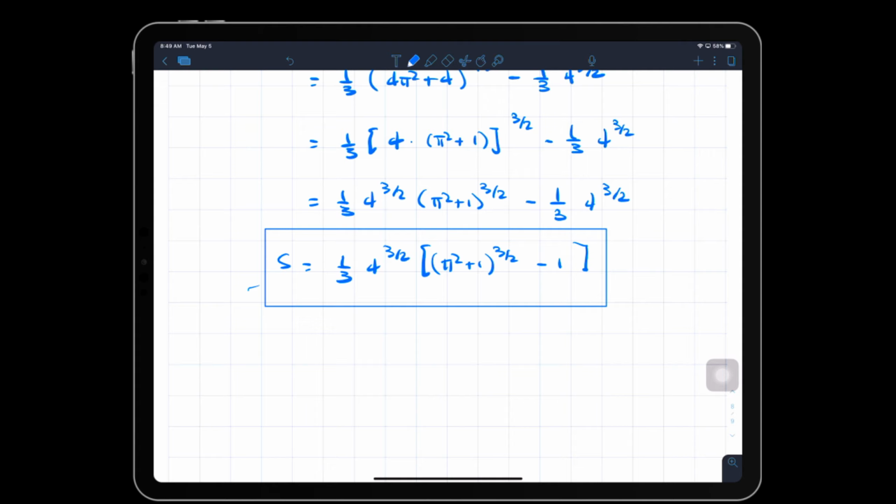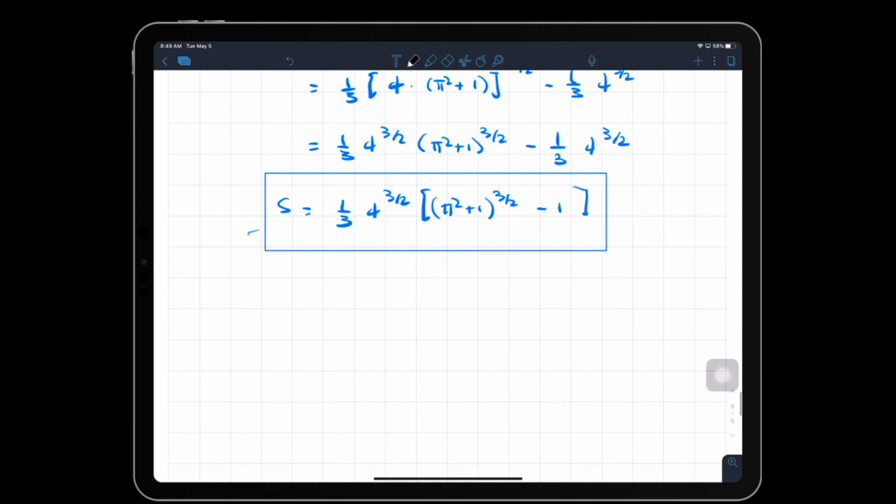I mean, if you really said, I want to write this, sometimes they write, you guys know, 4 to the 3/2 is really 1.5. So they'll write this as 1/3 times 4 square root of 4, and that's going to give you 2, and you get pi squared plus 1 times square root of pi squared plus 1 minus 1.